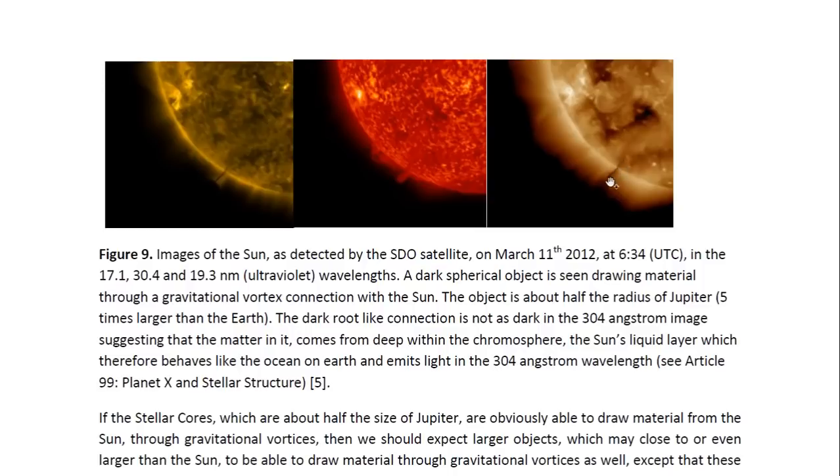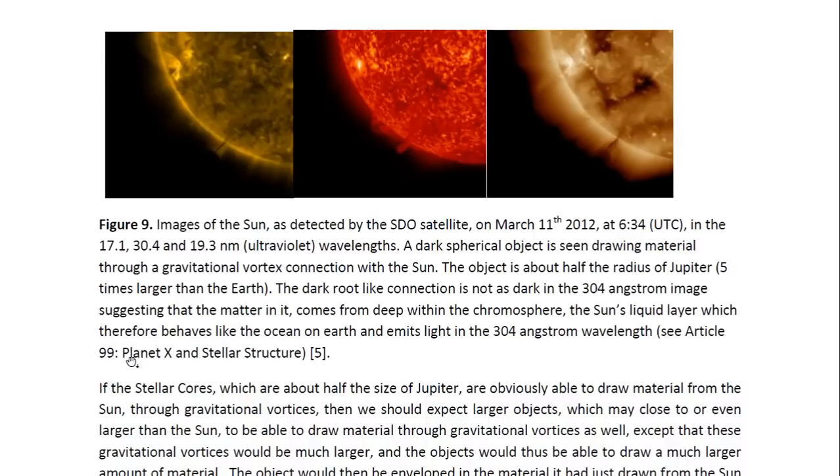Both of them, we can see the central portion of the vortex is dark. And we don't see that in the 304 angstrom image, suggesting that the material in the darker part of the vortex, the denser part of the vortex, comes from the chromosphere, because the 304 angstrom light is emitted by the top of the chromosphere.